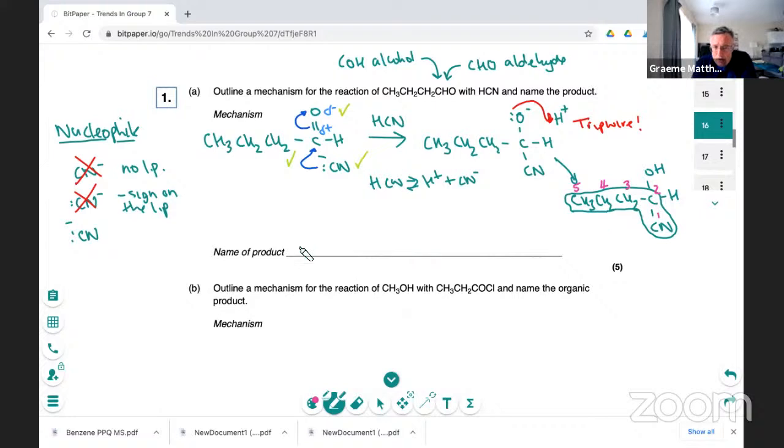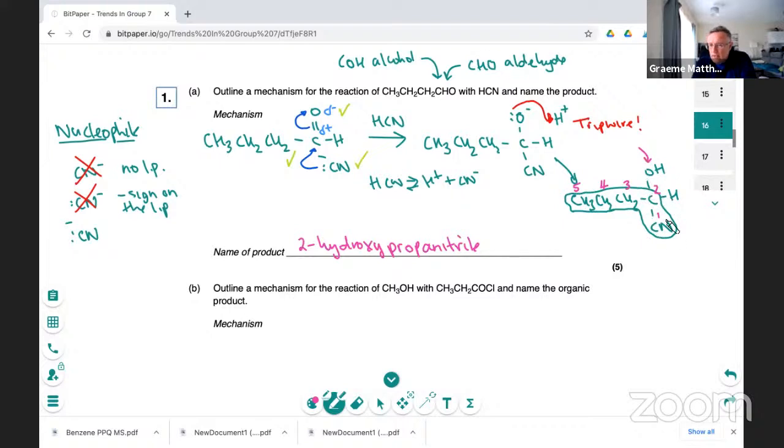This would be 2-hydroxypropanenitrile, like this. Now, if you're wondering why it is a hydroxy and not an alcohol: if this cyanide group wasn't there, this would just be an alcohol, it would be an ol.